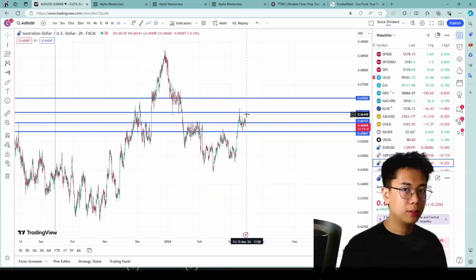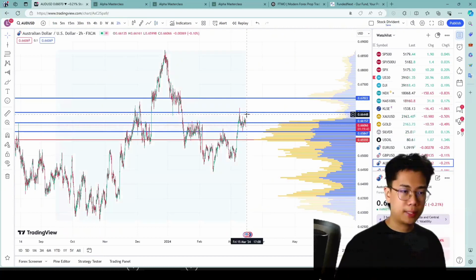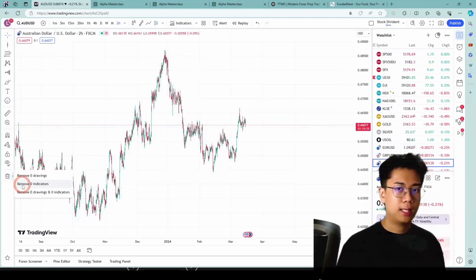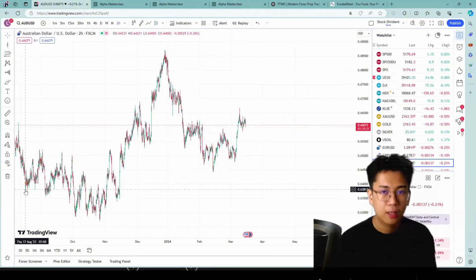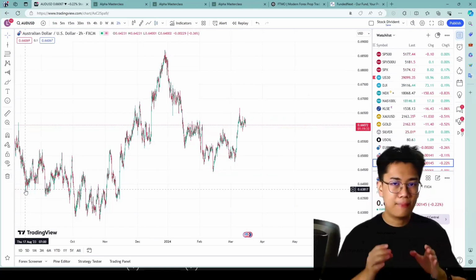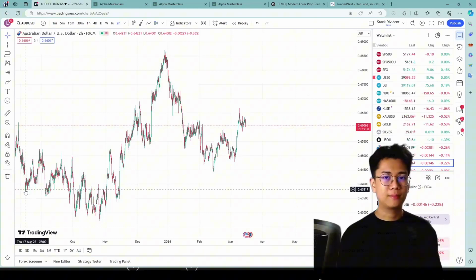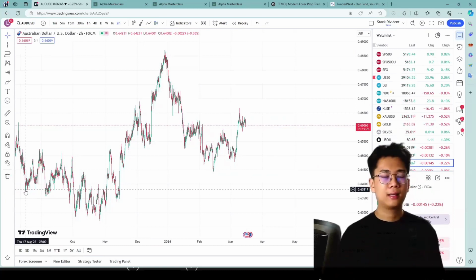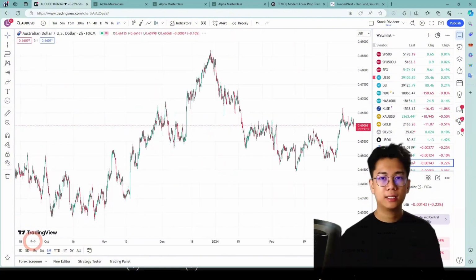Now, in this kind of market, let's summarize. What is the best price to trade? How to define the best price using volume profile? First, 6 months.